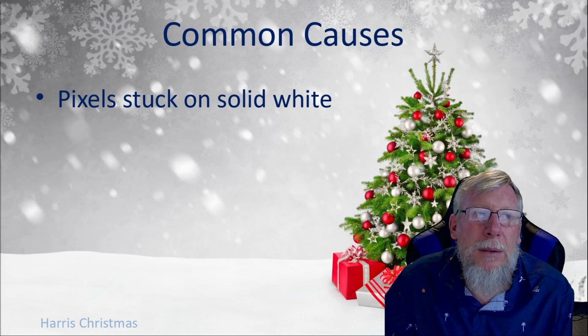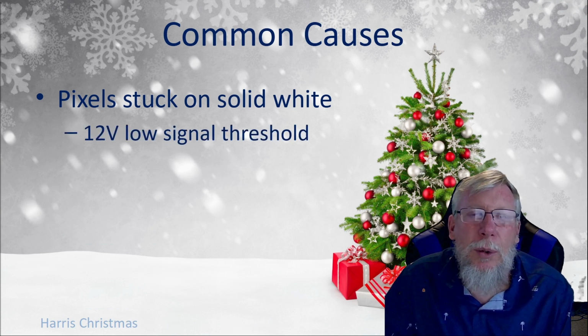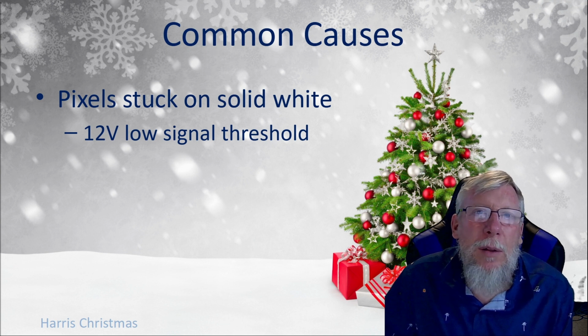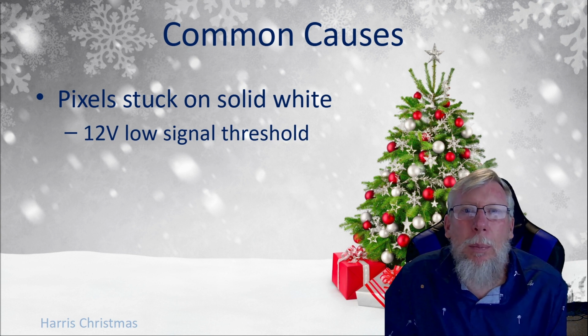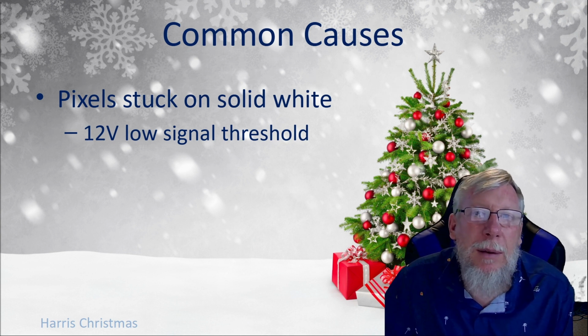And pixel stuck on solid white. Now this is almost always a 12-volt low signal threshold. As the voltage goes through the positive wire, the voltage in the ground wire will climb as well. And if you get to a threshold where you've drawn so much current through the wires that the voltage in that ground wire gets too high, then you cannot get a proper WS2811 signal.